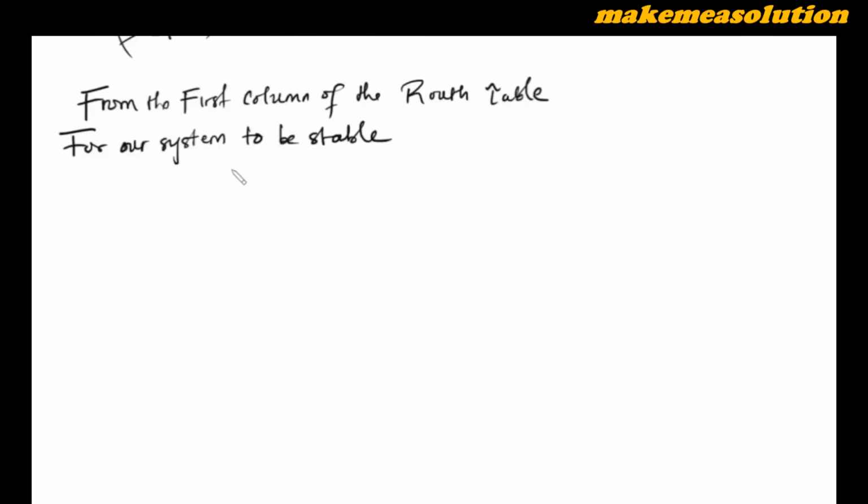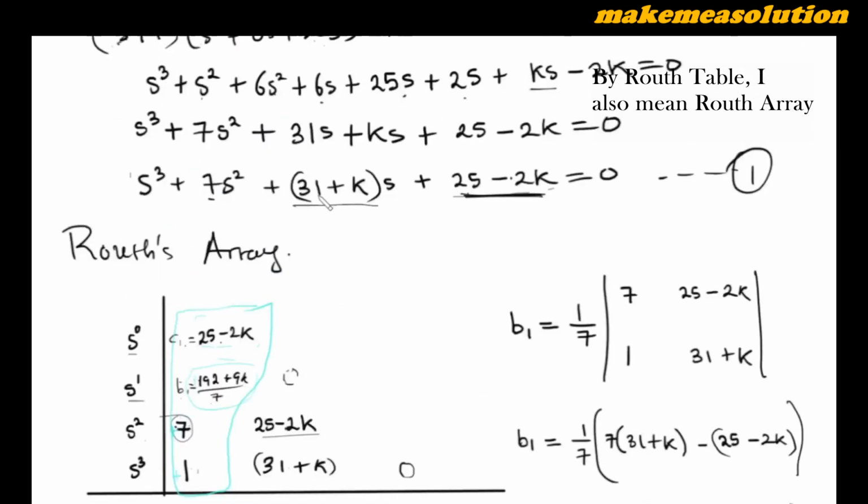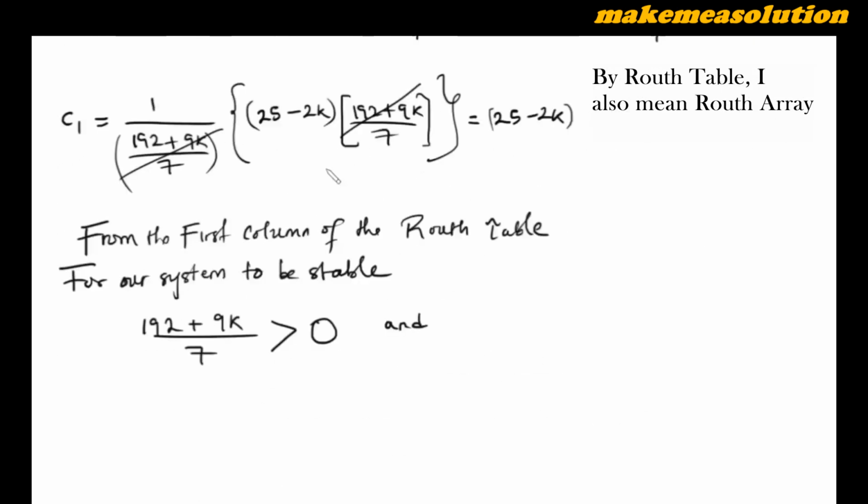So we should ensure that in the first case we have (192 plus 9k) divided by 7 should be greater than 0. And we also have to ensure that 25 minus 2k is greater than 0.